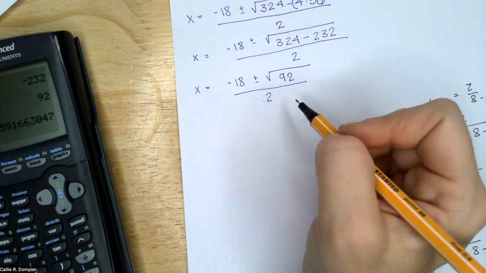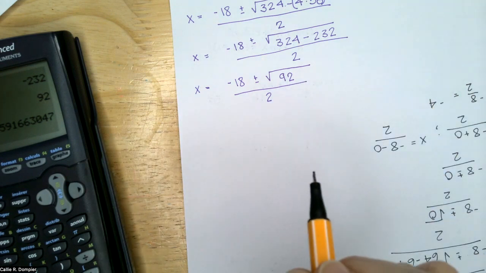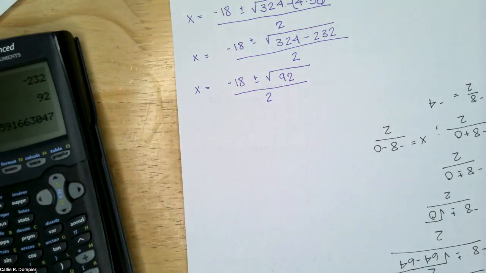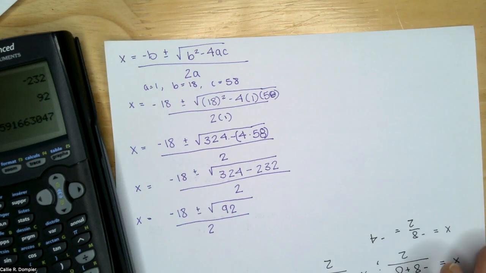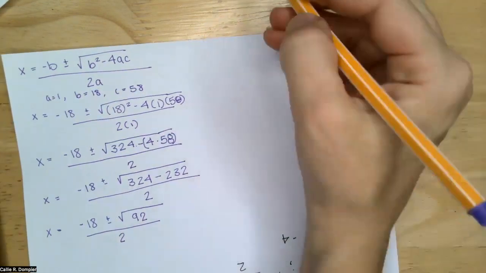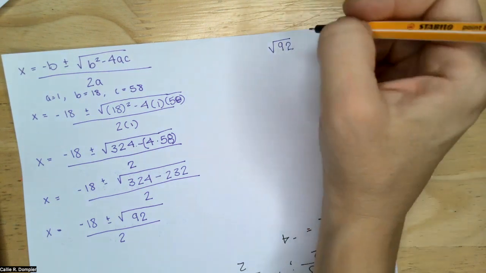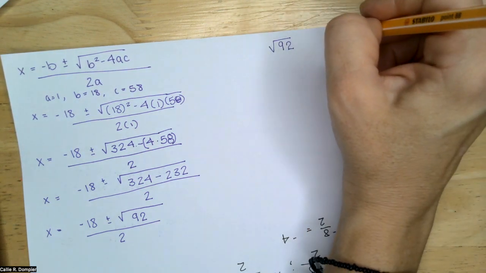Do we remember how to simplify square roots? To simplify square roots, what we want to do is take the square root of 92. Think of every perfect square below 92, right?